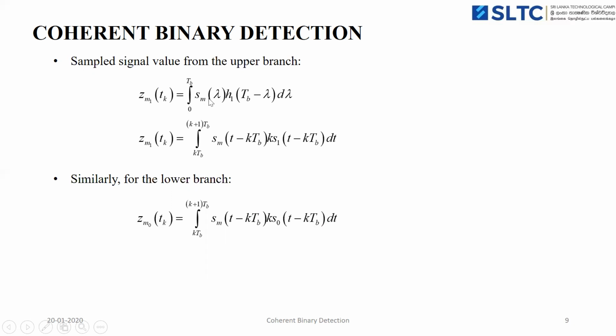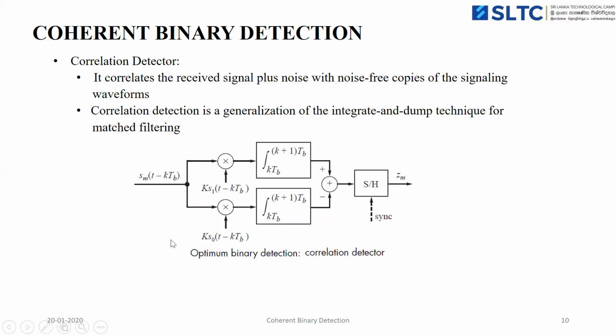It is nothing but the convolution of the signal term and the channel coefficient H1. For a matched filter, the channel coefficient is equal to the signaling term S1 of t. Similarly, for the lower branch, the sampled values Z0 of Tk are for binary 0.